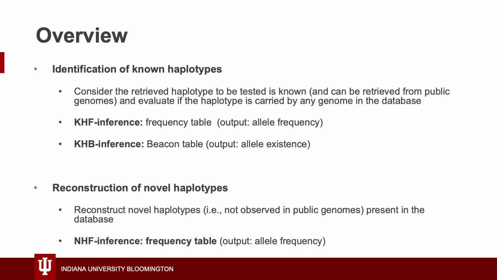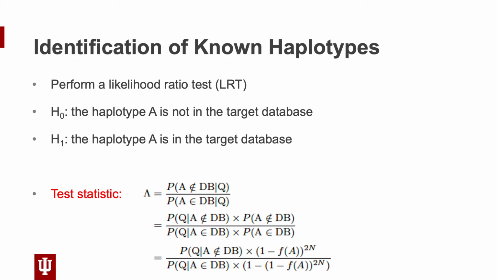For the reconstruction of novel haplotypes, we consider haplotypes that are not discovered from the public resources, and we want to reconstruct such novel haplotypes and test if they are in the database. Here we propose the NHF inference for the frequency table.